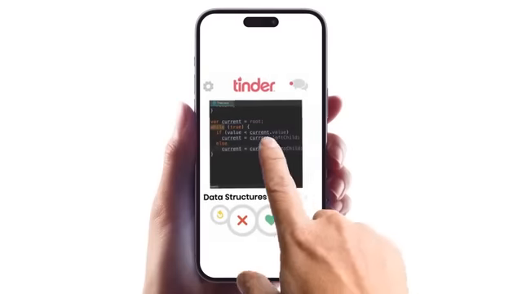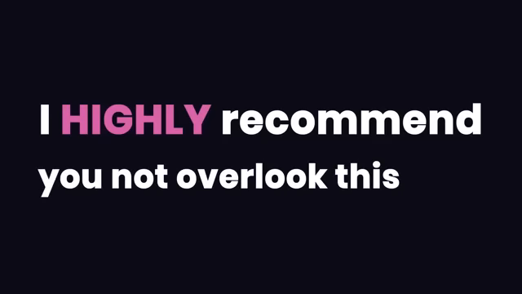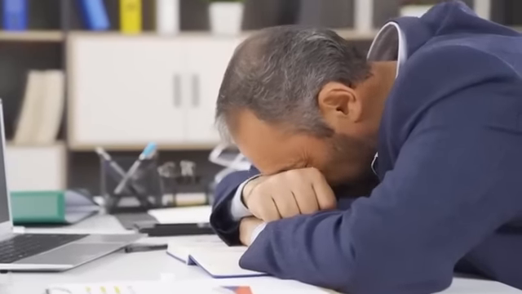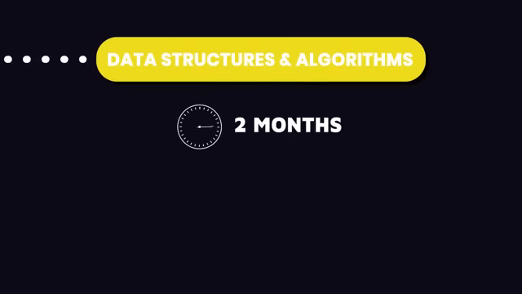While you can skip this step and go to the next, as someone who has had the privilege of teaching millions of people, I highly recommend you not to overlook this step. Otherwise, you're going to feel the pain later in your career. So spend 1 to 2 months studying classic data structures and algorithms. This will give you a strong foundation in programming and problem solving.